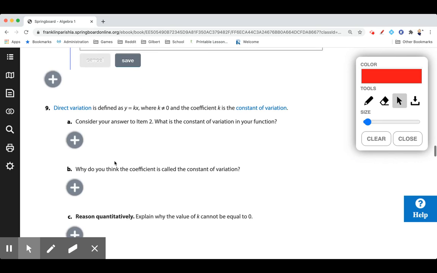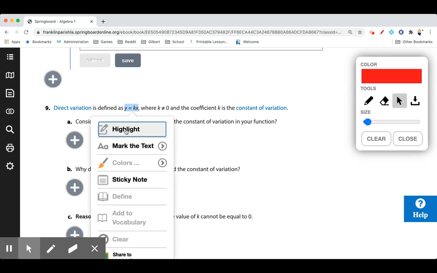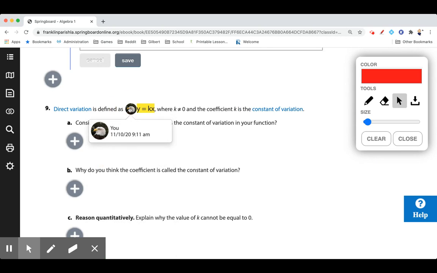All right, direct variation is defined right here. We need to make sure we get this part. As long as k is not 0, k is going to be called, remember, coefficient is the number in front of the variable.